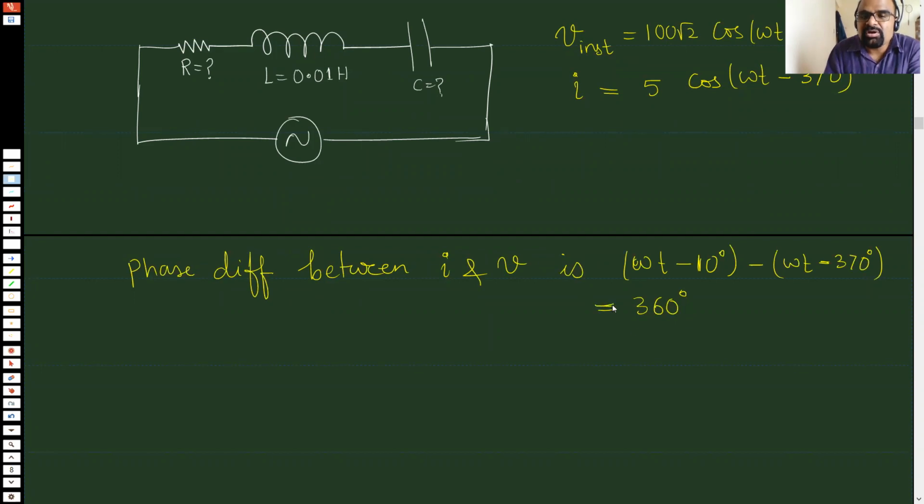Now, will it be very big news for you if I tell you that 360 degrees and 0 degree are exactly the same thing? Will you be able to digest this? 360 degree and 0 degree are exactly the same thing.